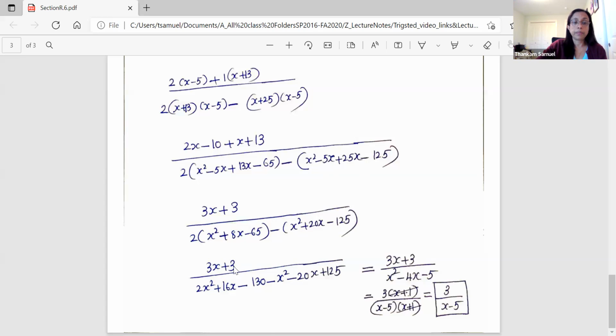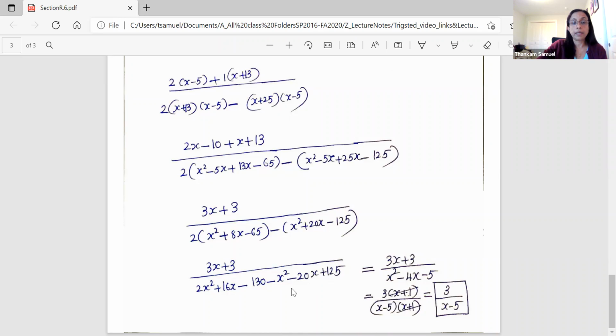Then in the next step, distribute this negative sign over all the terms inside the parenthesis. So this expression becomes 3x plus 3 over 2x squared, distributing this 2 over all these terms, plus 16x minus 130. Then distribute this negative sign over all the terms inside the parenthesis. This is very important. So negative x squared minus 20x plus 125.